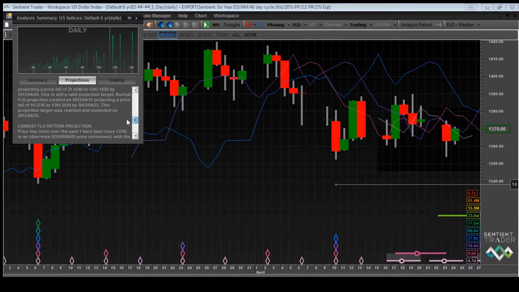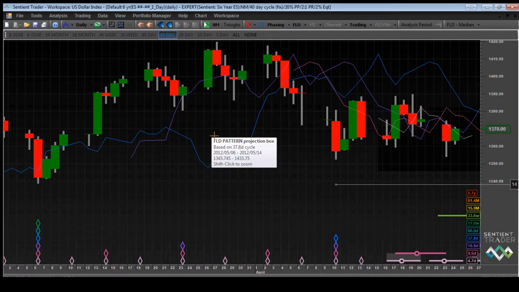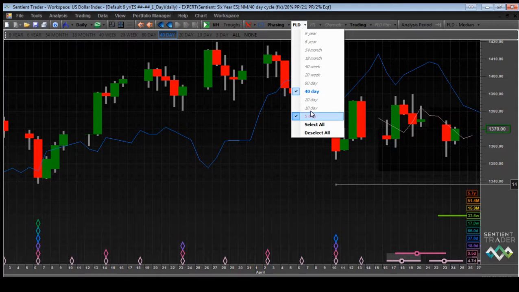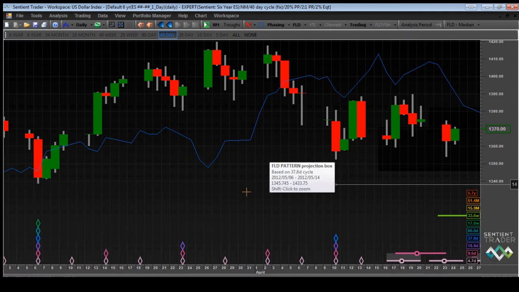If you have a look at your FLD pattern projection, you will often see that the FLD projection tells you that a particular FLD cross is too late in the cycle for it to be valid, and that's because of it occurring in a mid-channel pause or too late after the mid-channel pause has occurred. I hope that sort of answers your question.